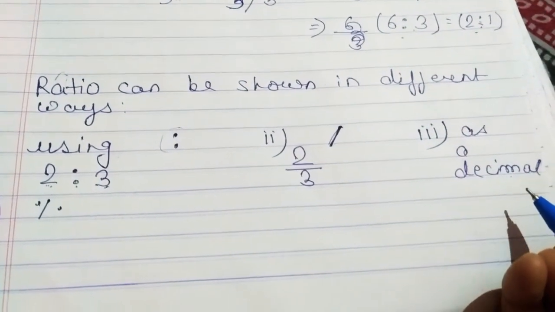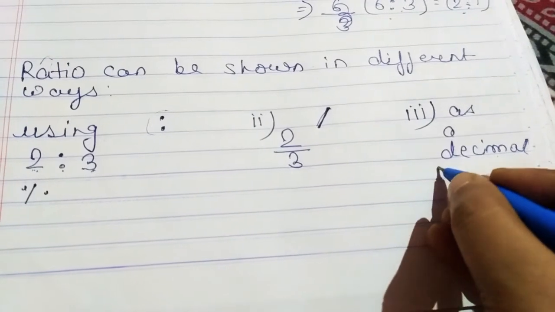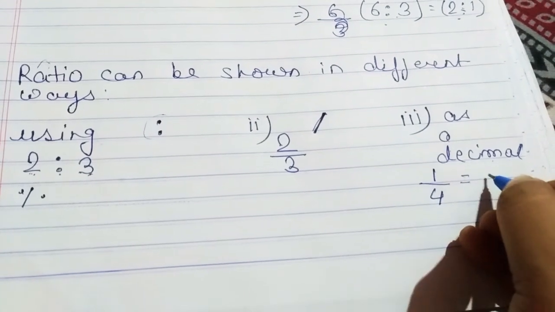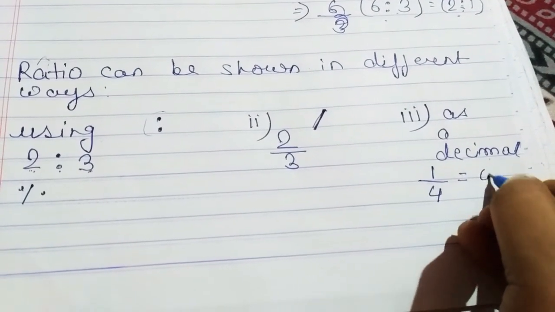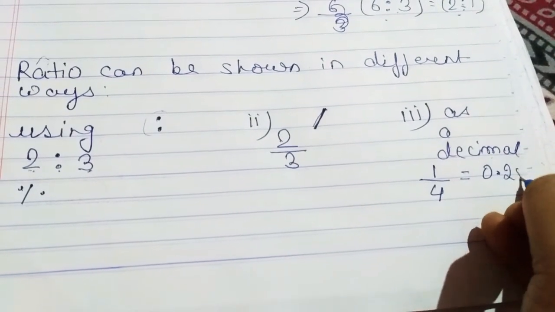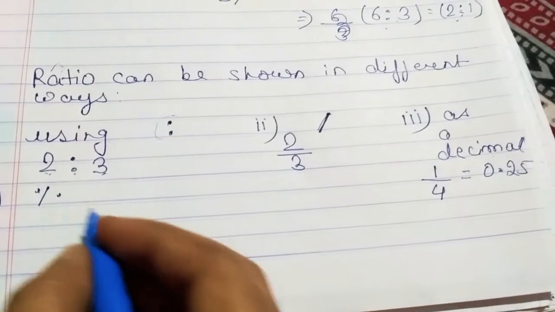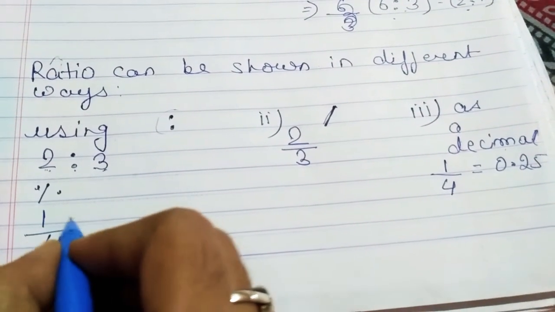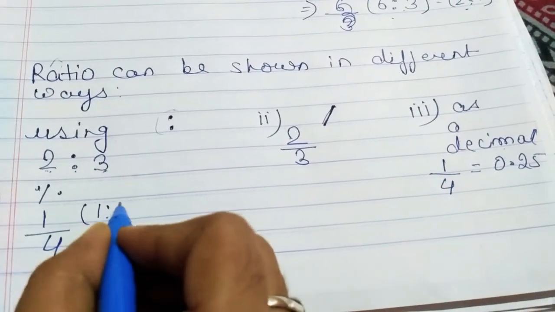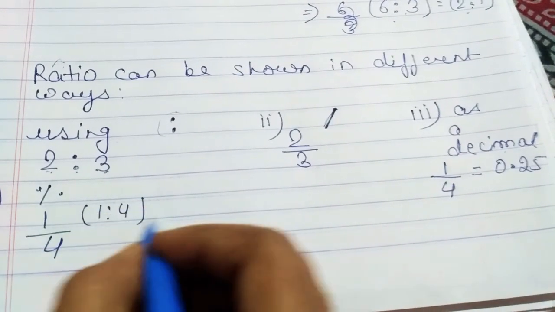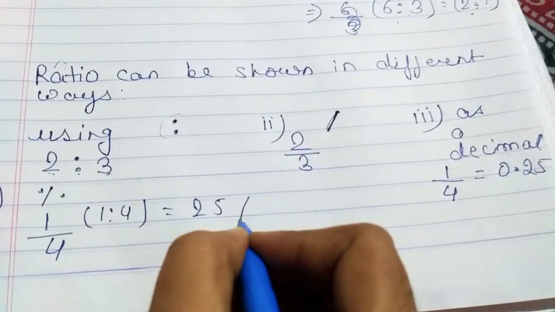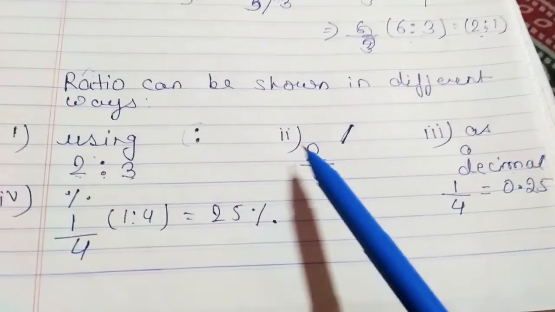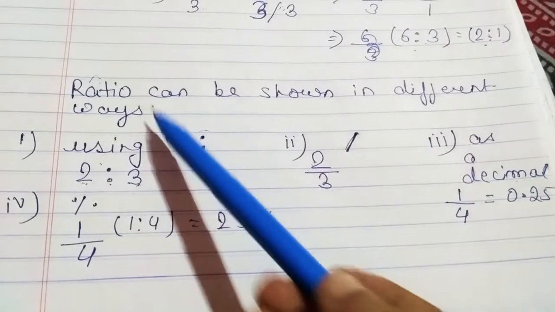As a decimal, suppose you have 1 by 4, when you convert it into decimal, it is 0.25. Also, when you have the ratio 1:4, you can present it by percentage, that means 25%.